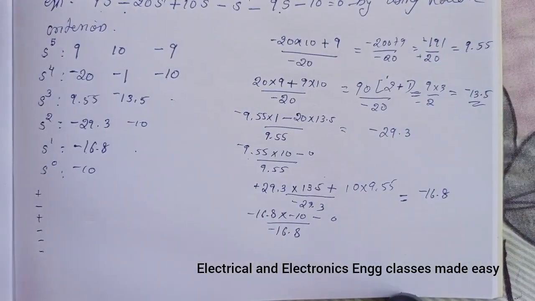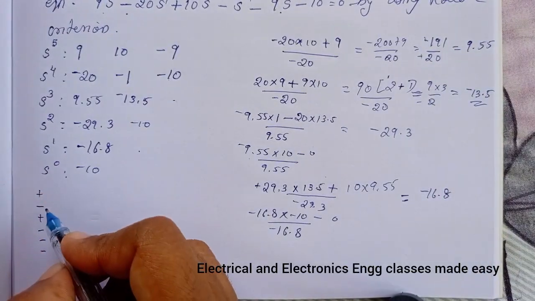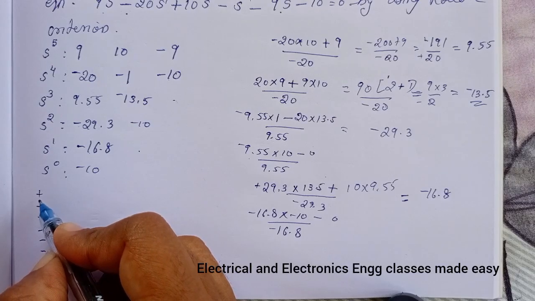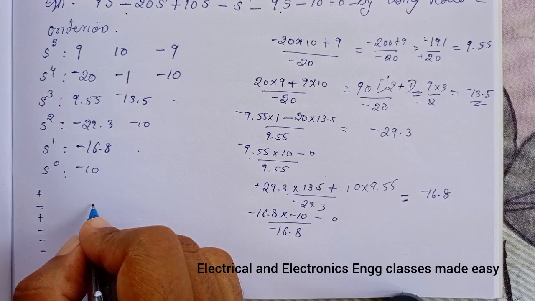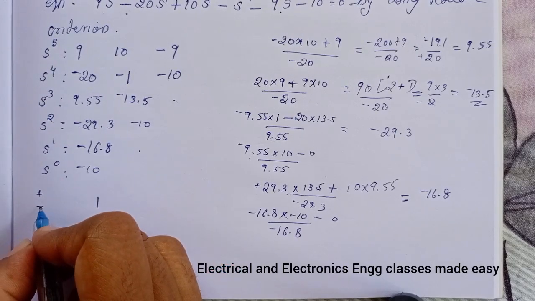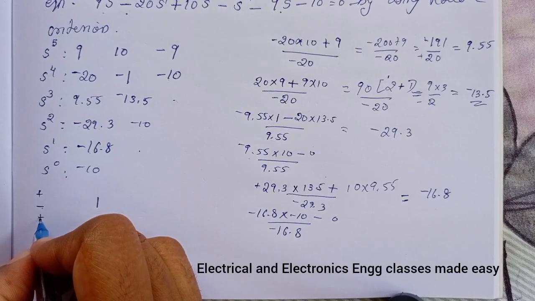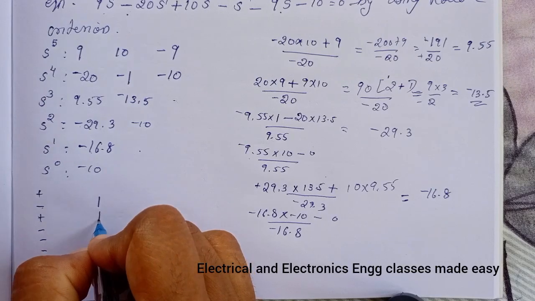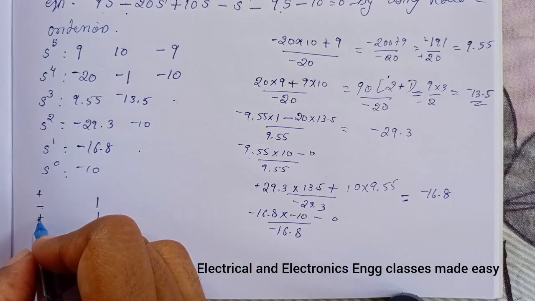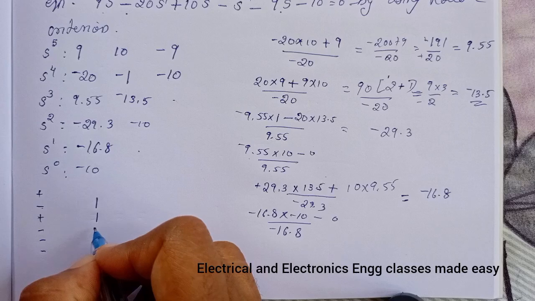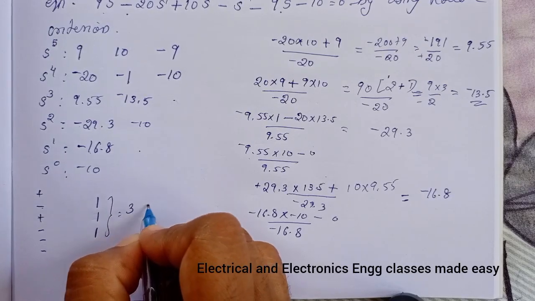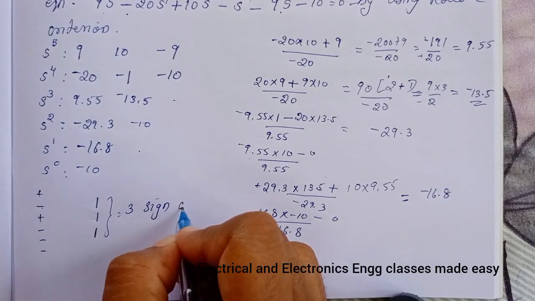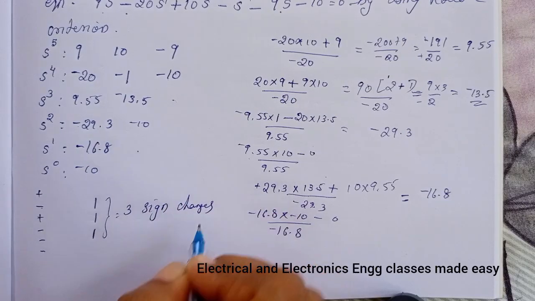So plus to minus is one sign change, then minus to plus is another sign change, then again plus to minus is another sign change. So there are three sign changes.